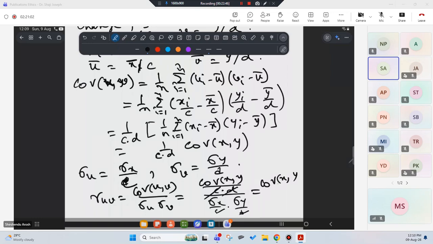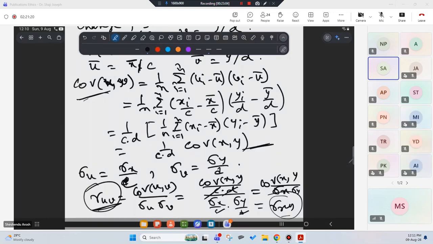Covariance of x comma y by sigma x sigma y. That means although my covariance is changing, but finally the correlation coefficient is not changing.